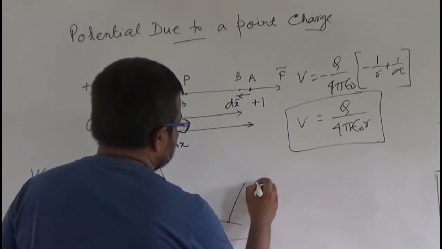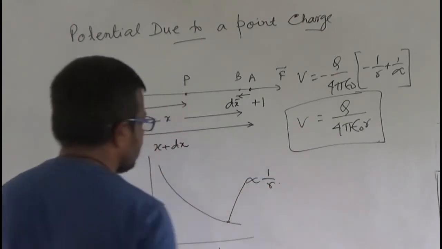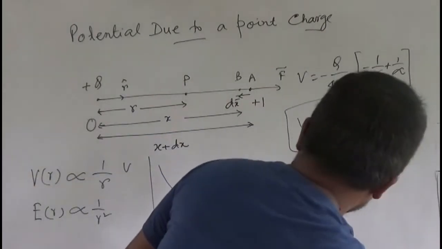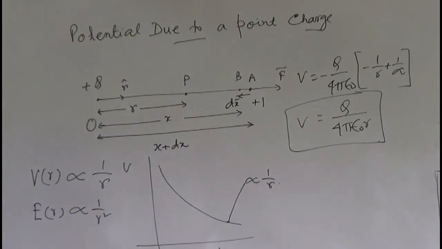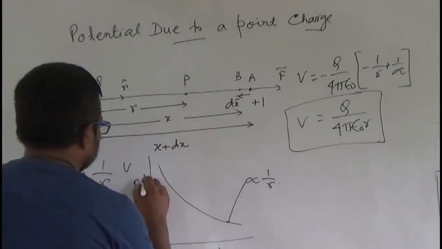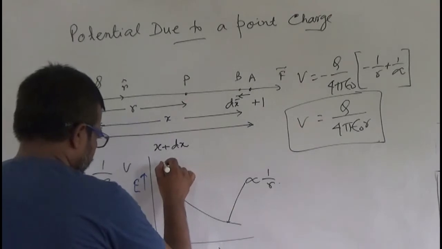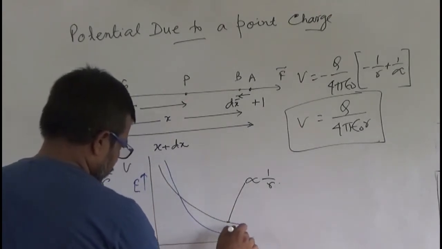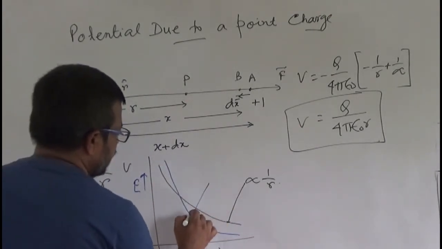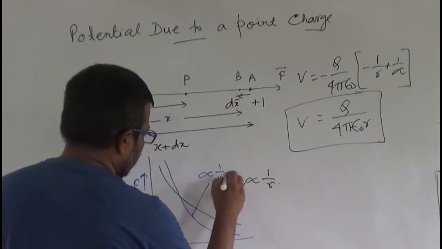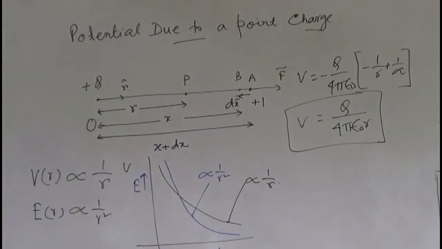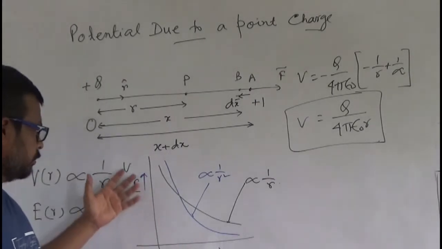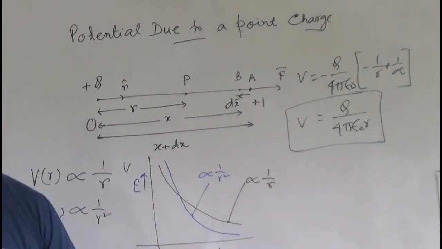This variation is proportional to 1 by r, and if we draw the E versus r, then it will be like this. This variation is proportional to 1 by r square. In the same curve, we have drawn V versus r and E versus r.